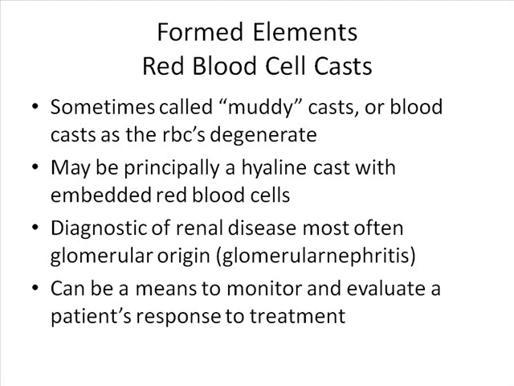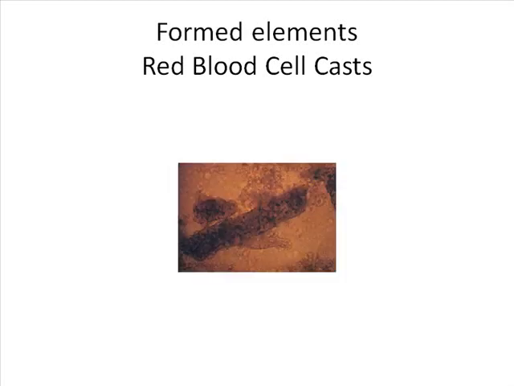So you can actually see formed red cells on the top of this cast and some that don't look formed, just muddy looking. That goes along with glomerular nephritis, as the question that we had earlier.